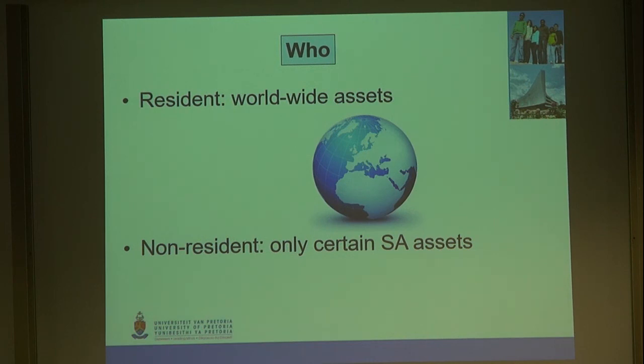There are other rules that would apply. But generally speaking, because you are a resident here, South Africa has the taxing rights. It depends very much on the double tax agreement. But if your property is in a tax haven, you're going to pay tax in South Africa if you sell that property. Okay, residents, worldwide assets, pay tax in South Africa.